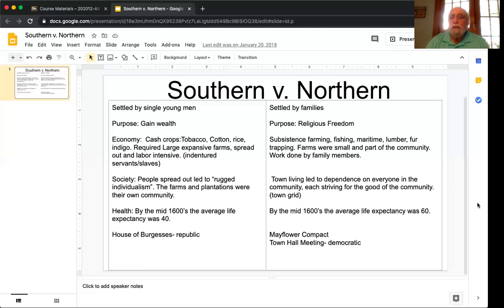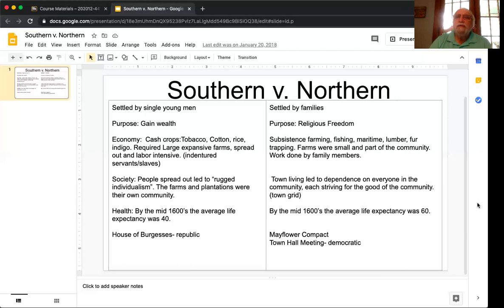So, what does that mean in terms of society? What does that mean in terms of social wellness? And the answer to that is that now we have extended families. Again, in the South, we have single men trying to do their thing.